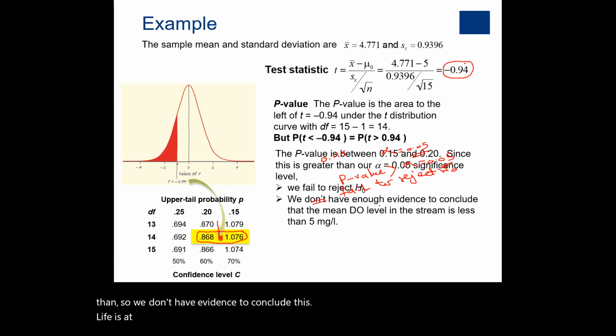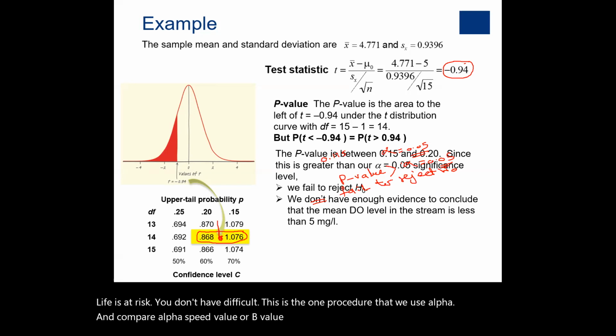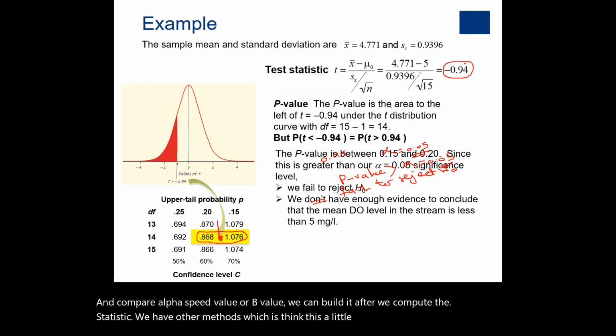This is one procedure, where we use alpha and compare alpha with the p value. The p value we compute after we compute the statistic. We have other methods, which I think are a little bit easier than this.